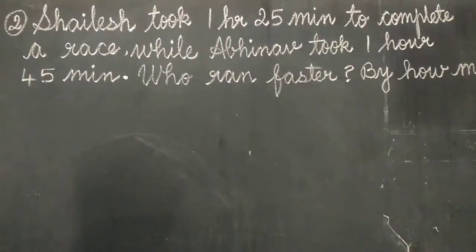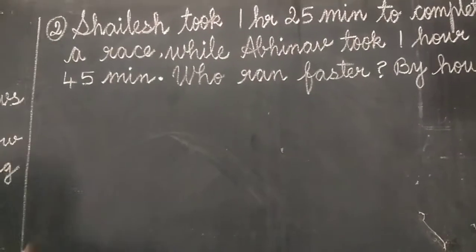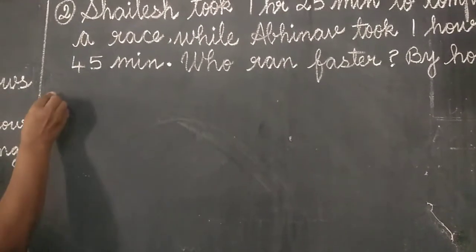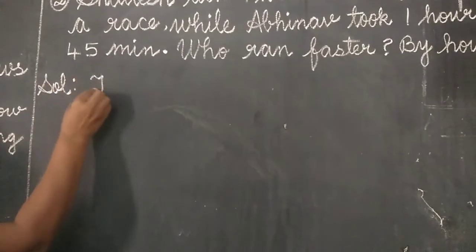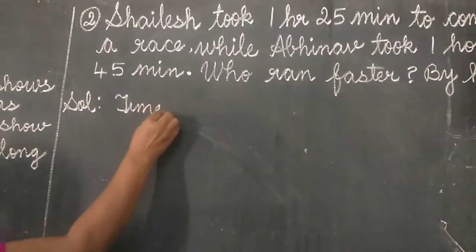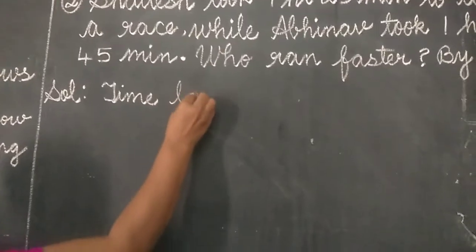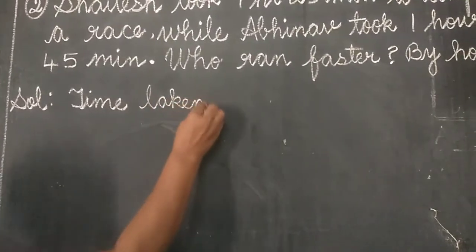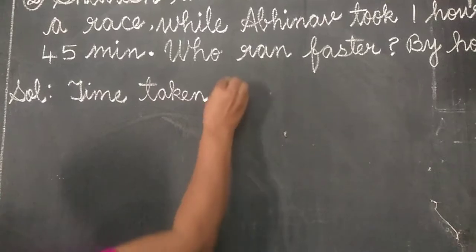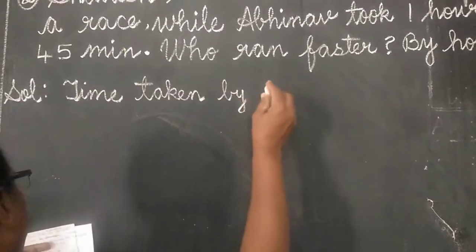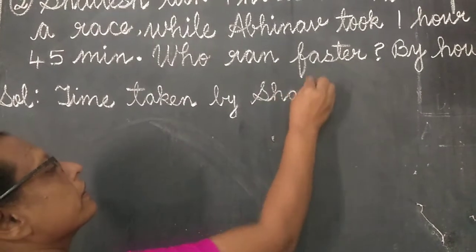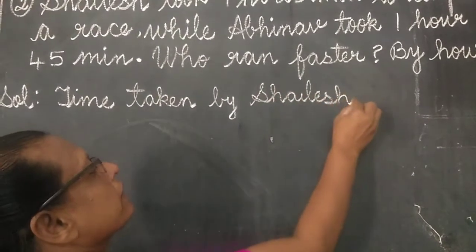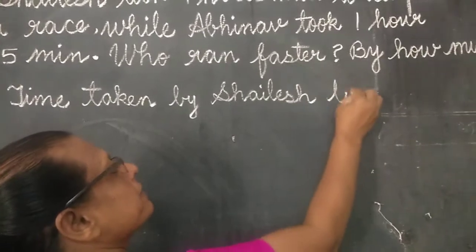So children, what you have to do, children? So we have to write the time taken by Shailesh to complete the race.